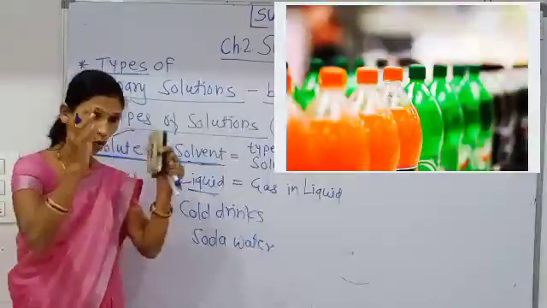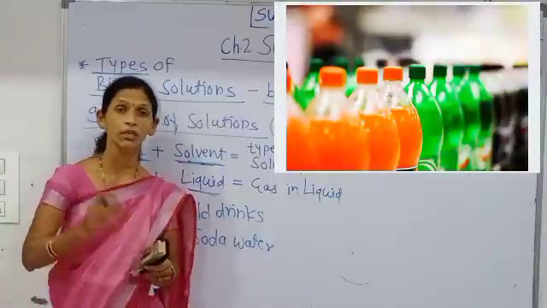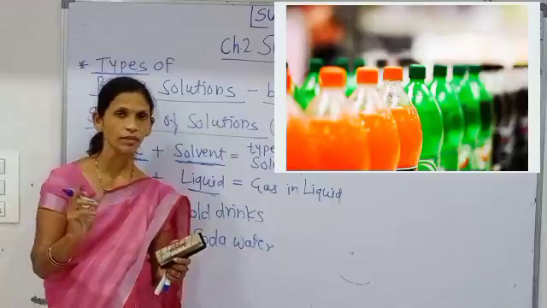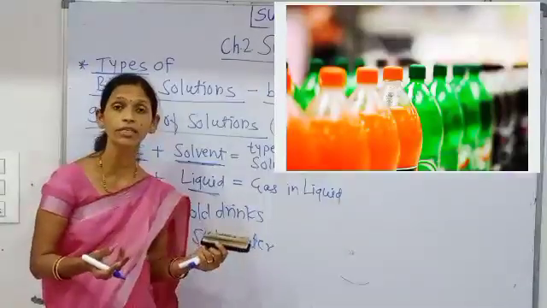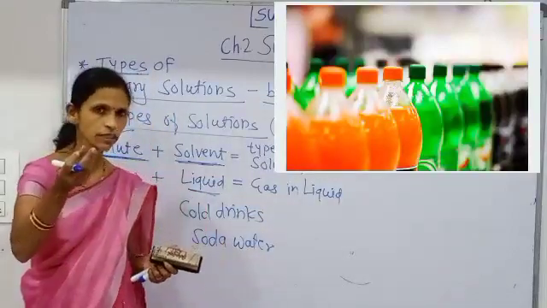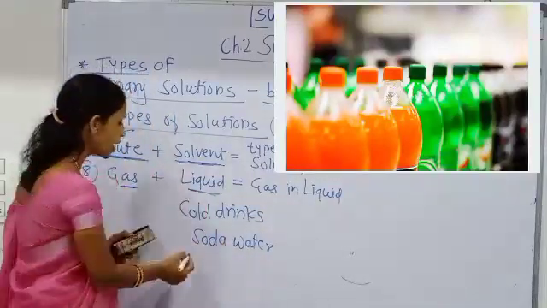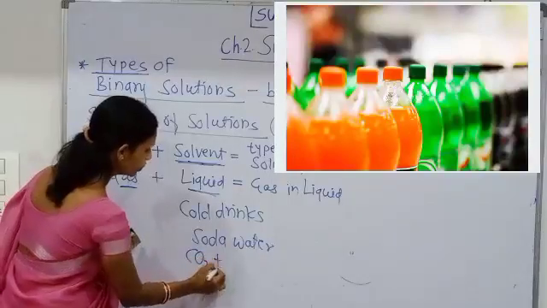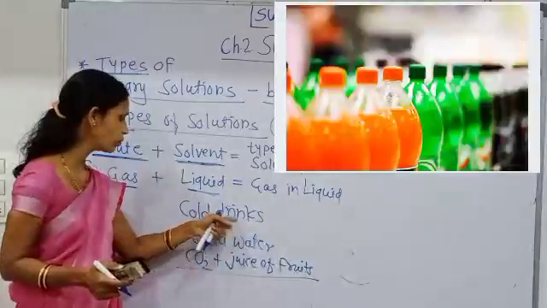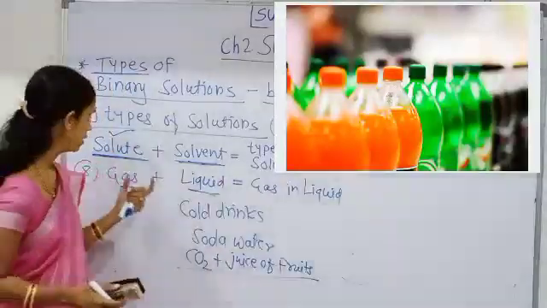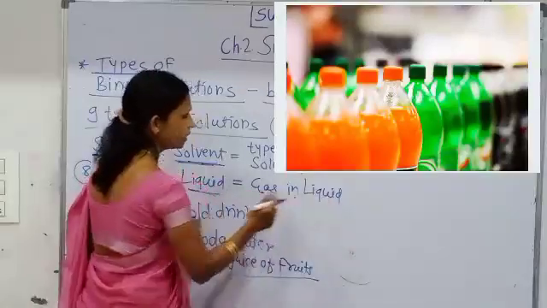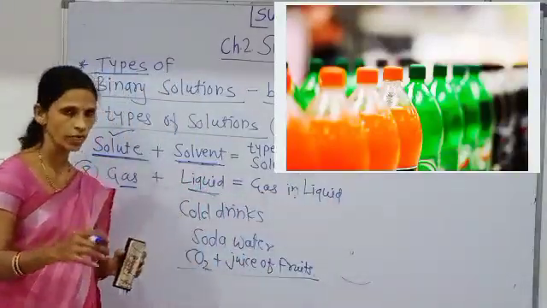See here, when a bottle of cold drink is shaken, bubbles are given out from that cold drink, and those bubbles are nothing but carbon dioxide, CO2, which is mixed into the juice of different fruits known as cold drinks. That is one example of gas in liquid.